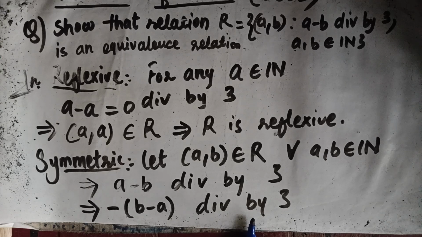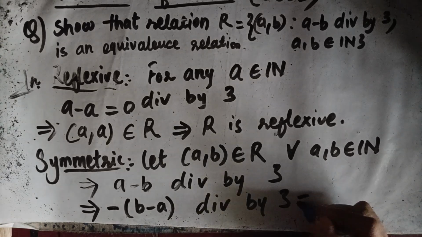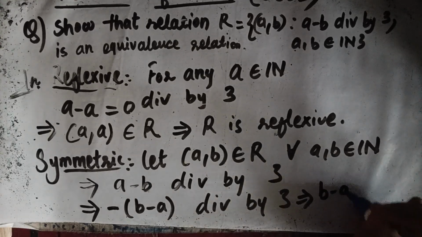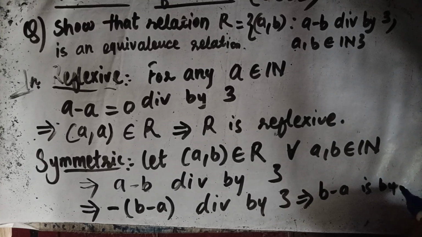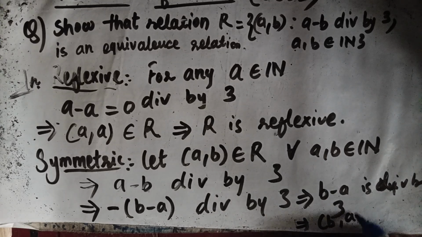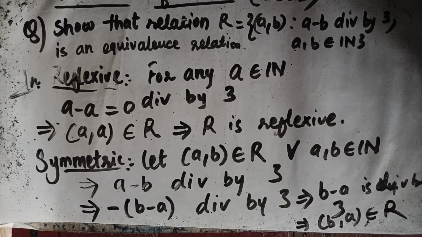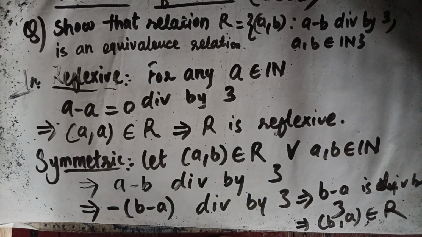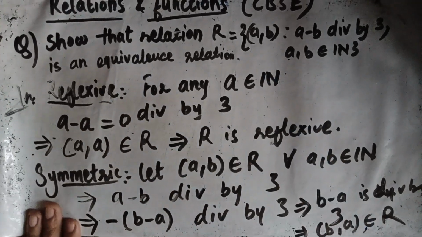This implies minus of (b minus a) divisible by 3. So we can write b minus a is divisible by 3. This implies (b, a) belongs to R, which is the relation set. So we have proved that if (a, b) belongs to R, then (b, a) also belongs to R. So it makes R symmetric.